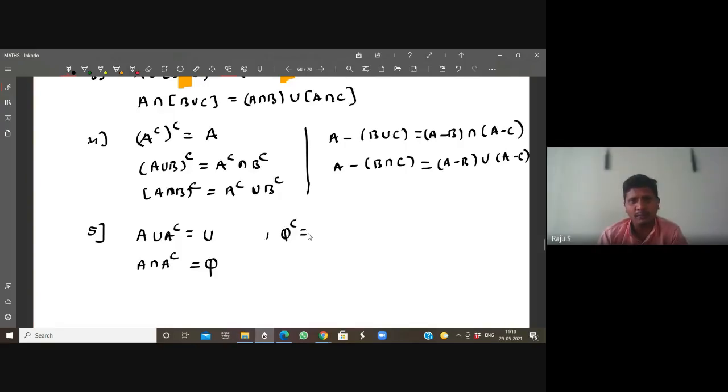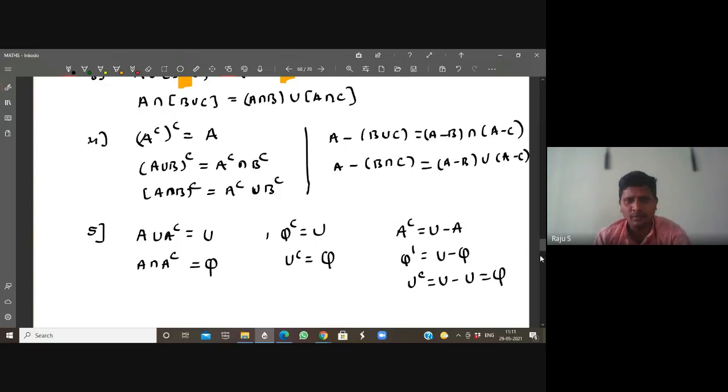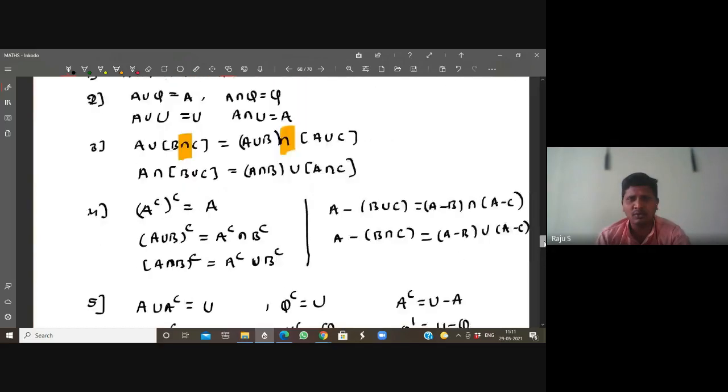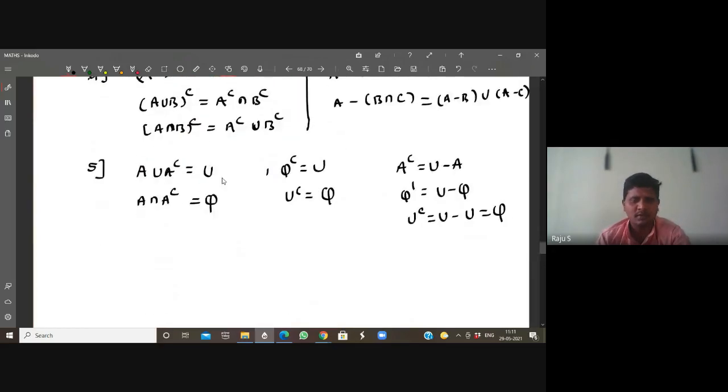What is the complement of the empty set? Universal set. And the complement of the universal set? Empty set. A complement is nothing but universal set minus A. Empty set complement is universal set minus empty set. Universal set complement means universal minus universal, that is empty. Already seen, right? Based on these properties, we will do the problems.